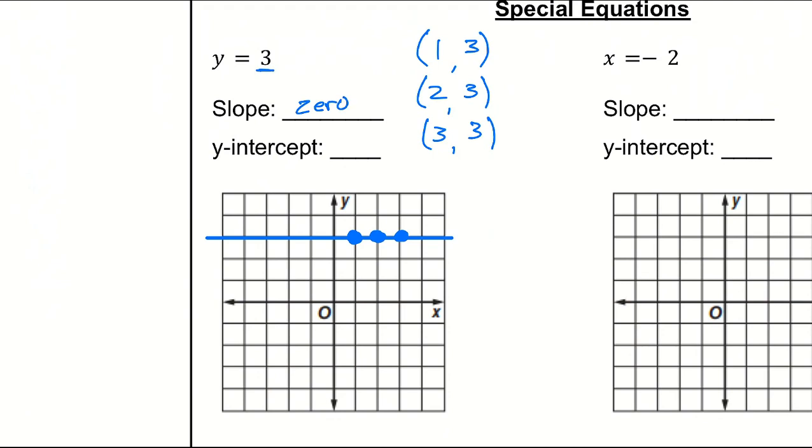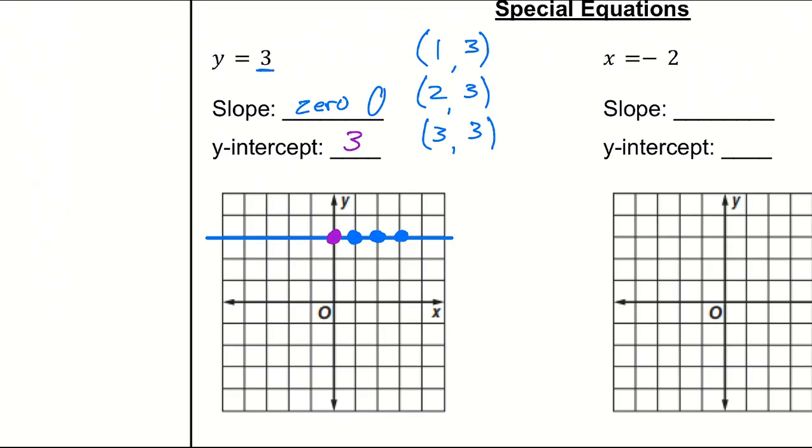It's a 0 slope. All right? It's flat. What is the y-intercept? Well, the y-intercept is still going to be across the y-axis. So in this case, since y is always 3, our line is going to hit that y-axis at 3.